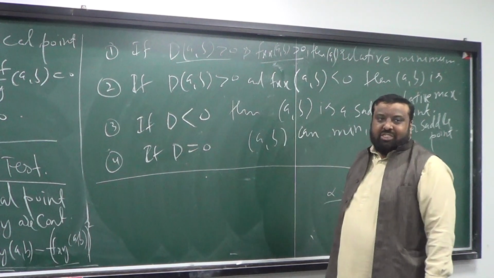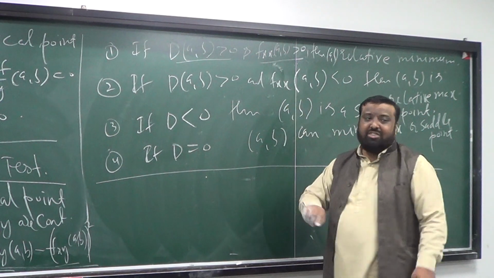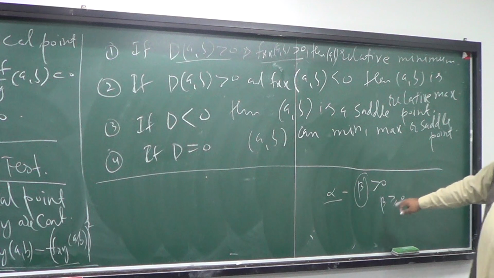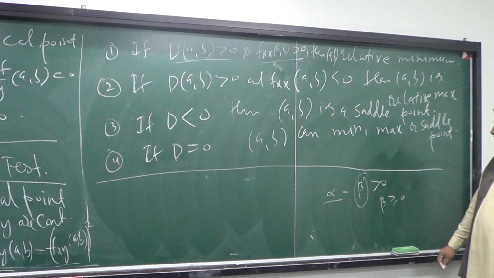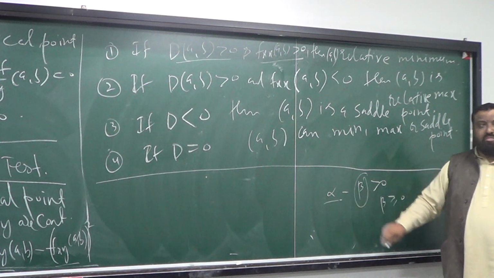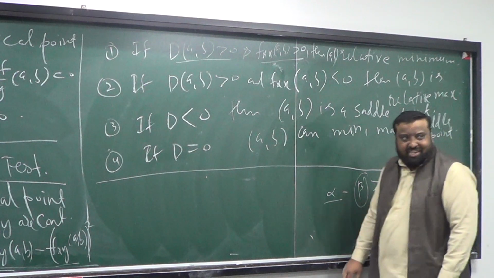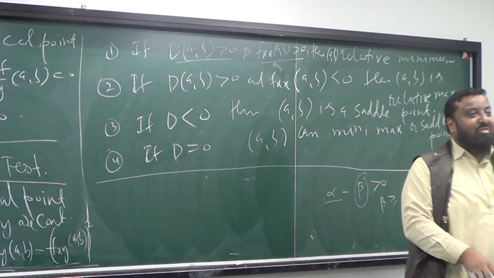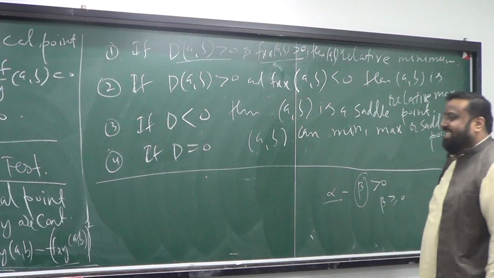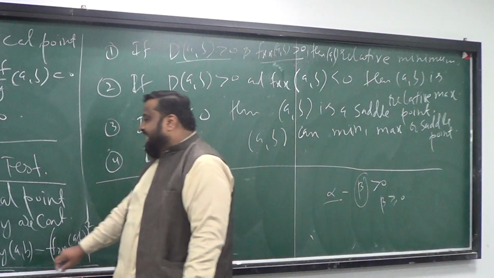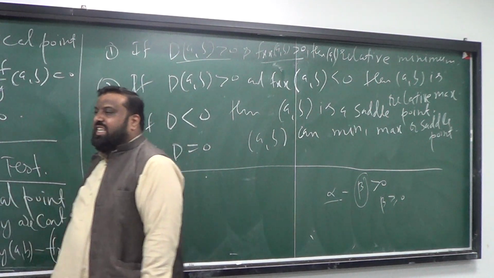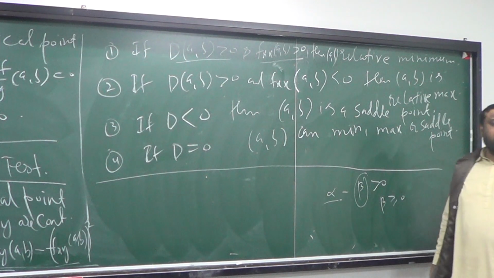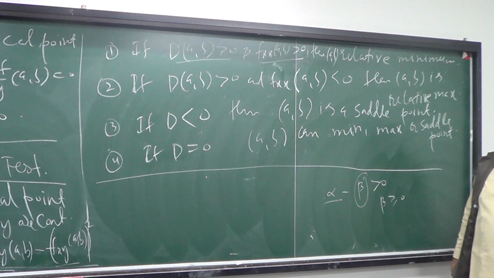So if D is positive, but fxx is negative. You have this difference positive, and this guy is positive, so alpha must be positive, and F is negative. So why would it be negative? This will be greater than this. Because if the product is positive and one of the factors is negative, the other must be negative as well.